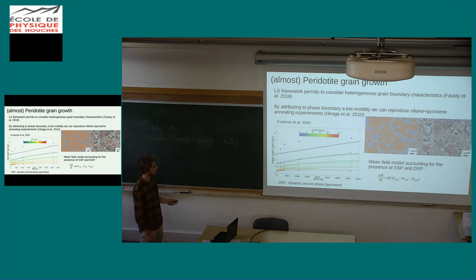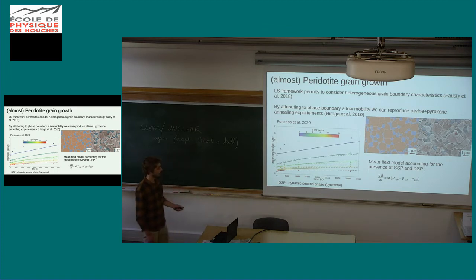We attribute different surface energy and grain boundary mobility depending on the type of grain boundary: olivine grain boundary, pyroxene grain boundary, and olivine-pyroxene grain boundary. And by calibrating our phase boundary mobility on experimental annealing of a mixture of pyroxene plus olivine, we are able to model the grain growth kinetics of this mixture.